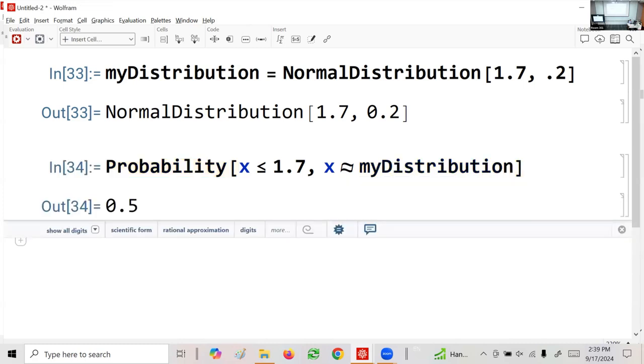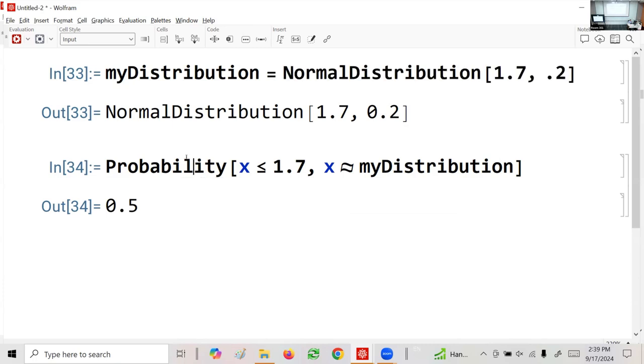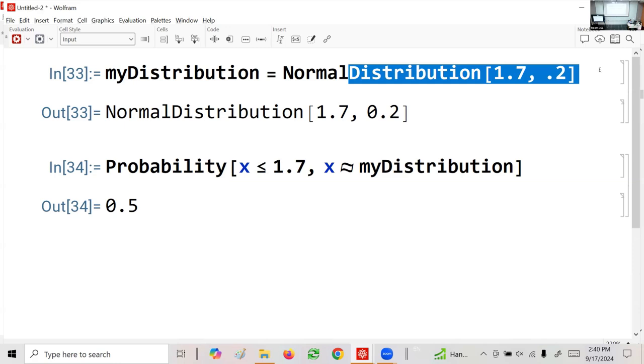This is saying that X is normally distributed, my distribution. See that? So this is a declaration of N open bracket 1.7 comma 0.2 close bracket. To find the probability of X less than or equal to 1.7, what are you doing? You are integrating from minus infinity to 1.7 the probability density function.